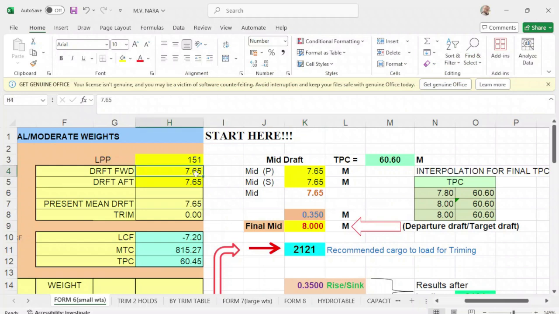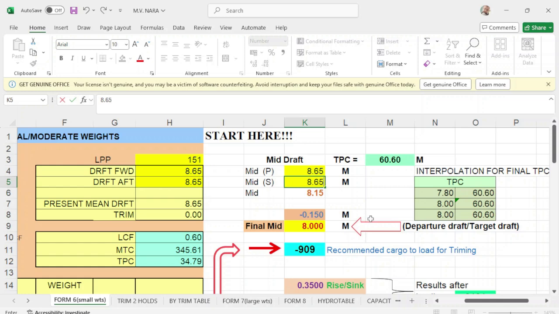When you stop loading, your present draft will be 8.65. Your forward draft will be 8.65, your aft draft will be 8.65, even keel, and your actual midship draft will be 8.65. No list, even keel, and your TPC at your present mean draft of 8.65 should be 34.79.